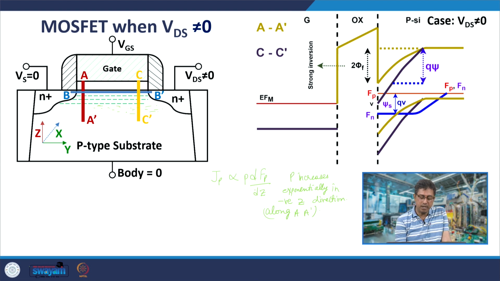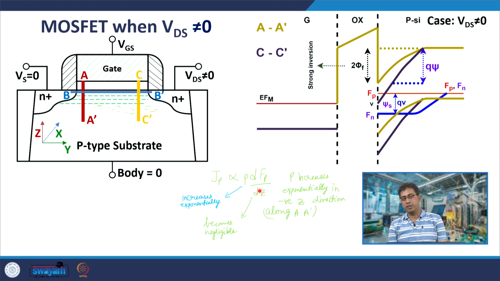So, since p is increasing exponentially, if Jp is constant, then since p increases exponentially as we move from A to A prime, dFp by dz would reduce drastically, as you move along A prime, from A to A prime.